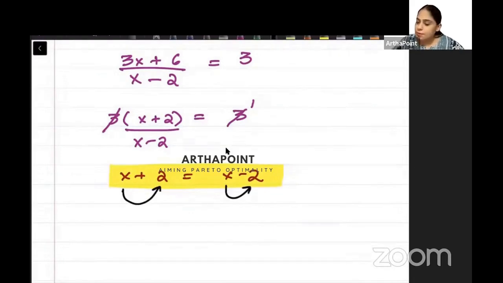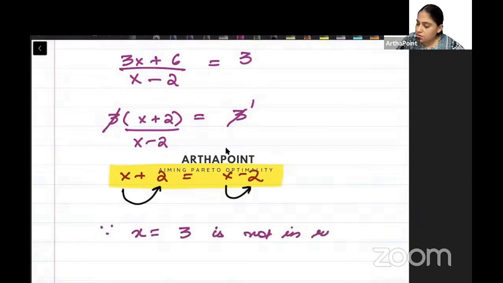No. Because if you just try cancelling, you will get 2 equal to minus 2. This is an incorrect result. Which means कि ऐसा कोई x exist नहीं करता. There does not exist any x such that your f(x) is equal to 3. So therefore, 3 is not in the range.